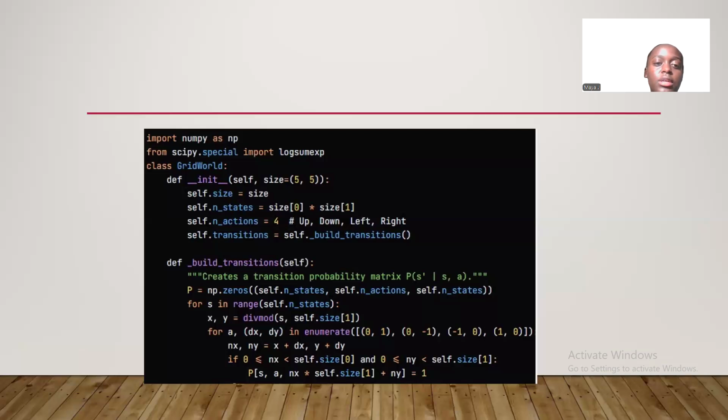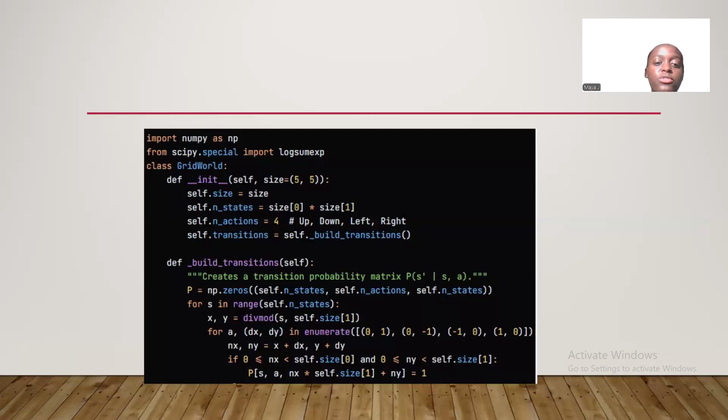So you initiate the size, the states, the actions, and then the transitions. You have 4 actions here: up, down, left, and right. That's how your agent will be moving in that grid world.